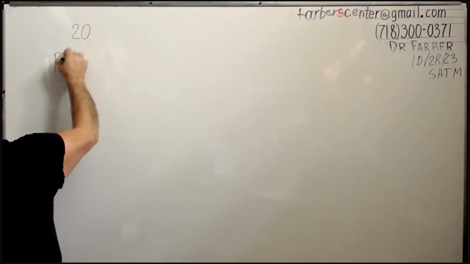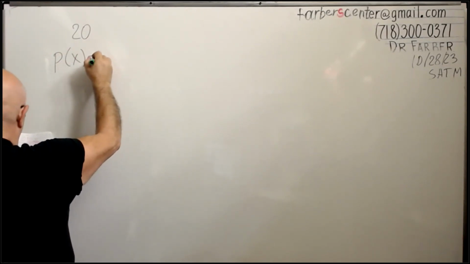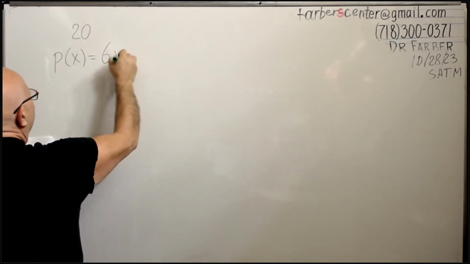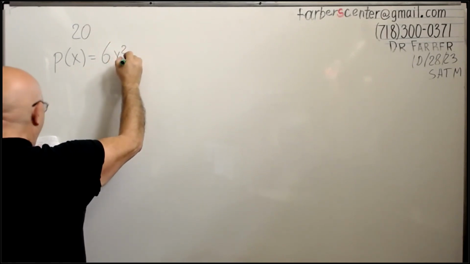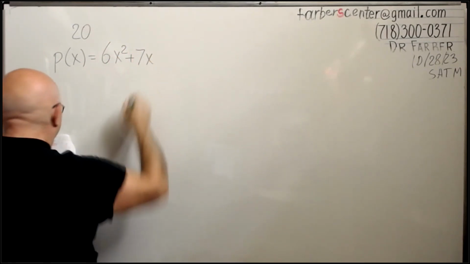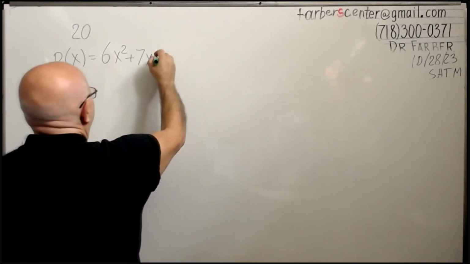P of x equals 6x squared plus 7x minus 2.